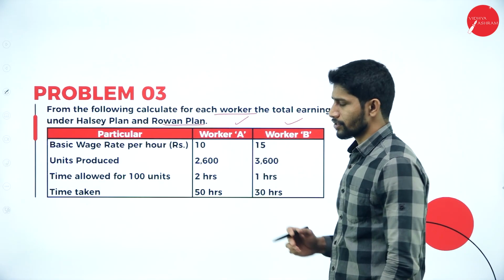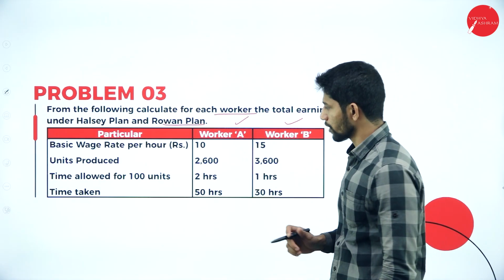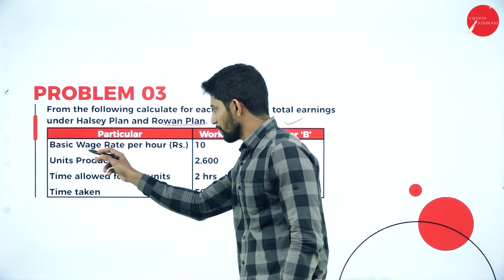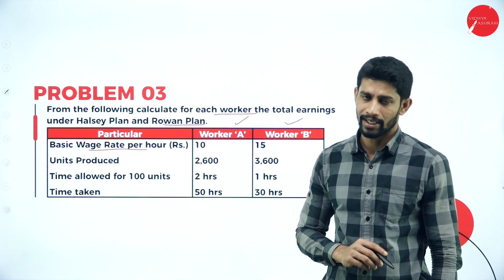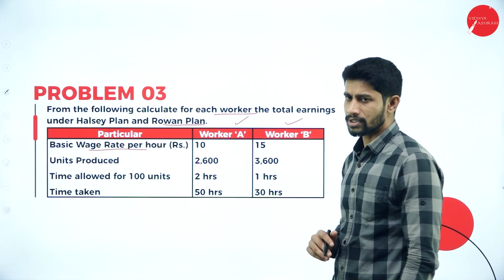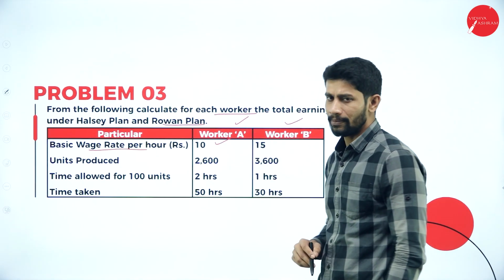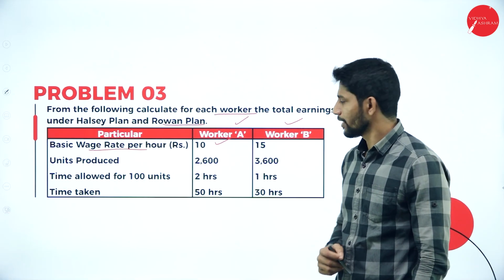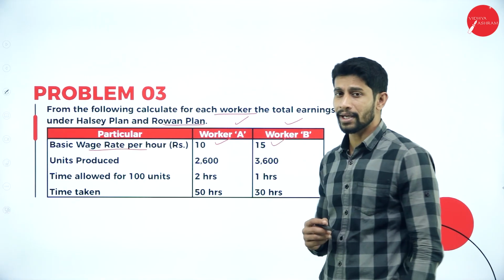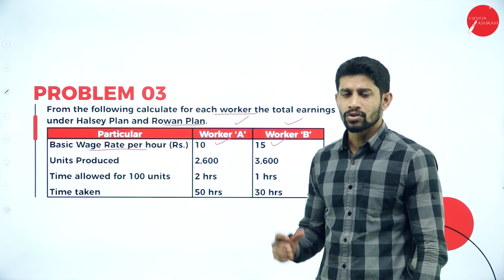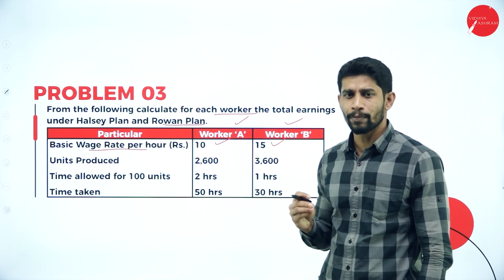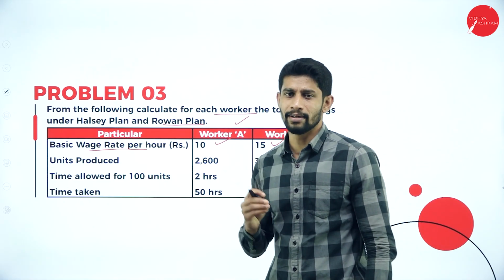So what are the informations given in the problem? If you look into the information, basic wages rate per hour. So per hour, how much they are paying? They are paying 10 rupees per hour for Mr. A, that is for worker A, and 15 rupees per hour for worker B. It is not compulsory that they have to pay equal wages to all the employees.